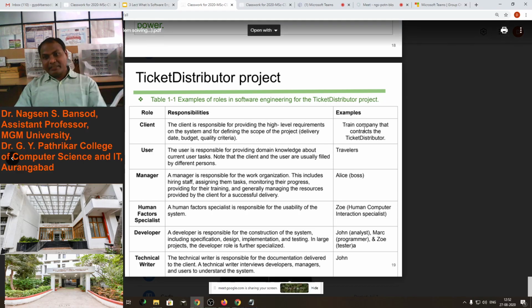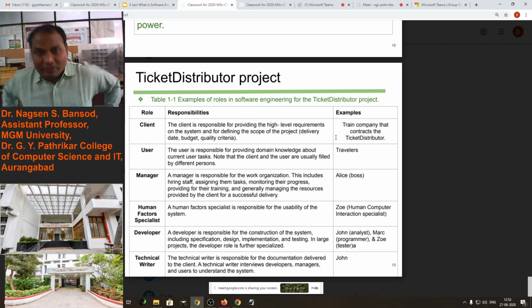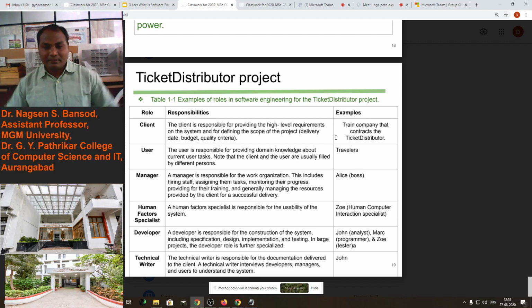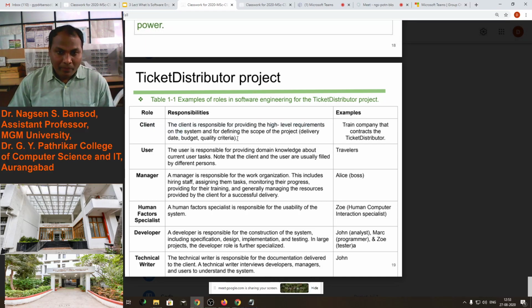Example, the train company that contracts the ticket distributor. Means at a railway station a ticket distribution machine is connected, and similarly in the bus there is a person like a conductor who takes care of it.